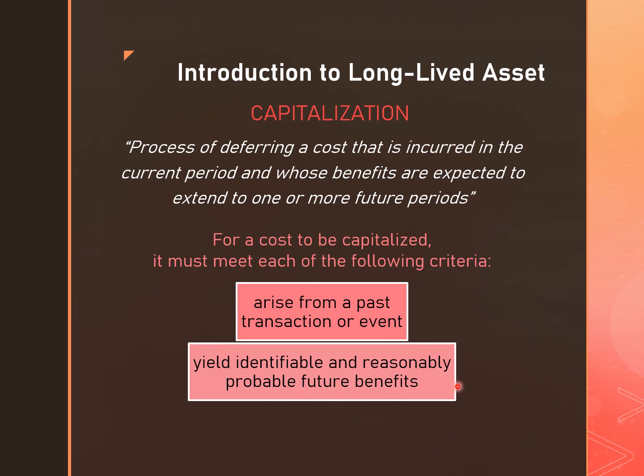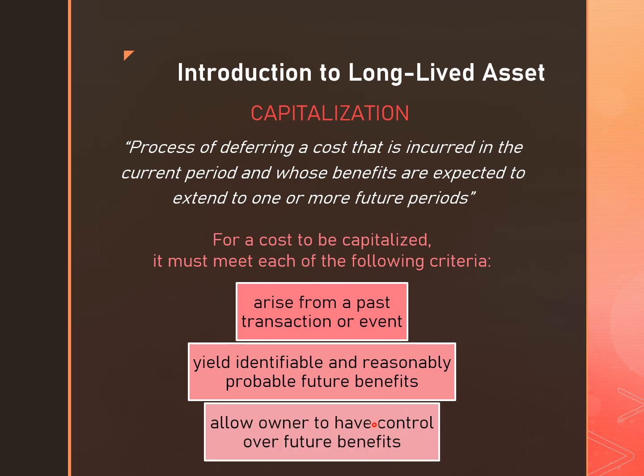Kalau tak ada benefit, kenapa nak capitalize, right? By expense je. And it allow owner to have control over the future benefits. So, benefits yang asset tu akan bagi, owner mesti ada control over that. Kalau dia tak ada control, then it's not dia punya asset. Kenapa bother nak capitalize ataupun tidak, right?